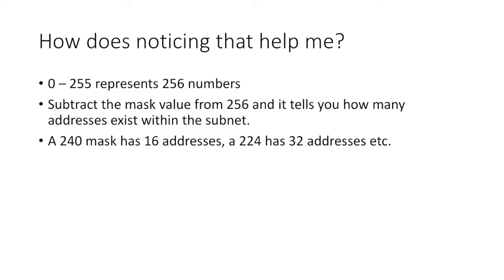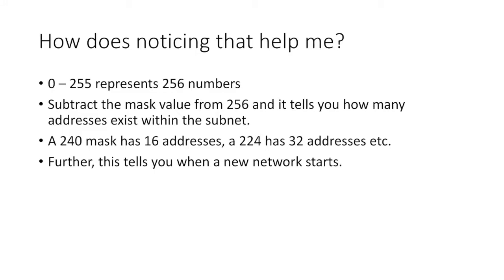So for example, if you have a subnet mask that ends in 240, so it's 255.255.255.240, you subtract 240 from 256, and that leaves you 16 addresses. If you had a 224 mask, that's 32 addresses, etc.